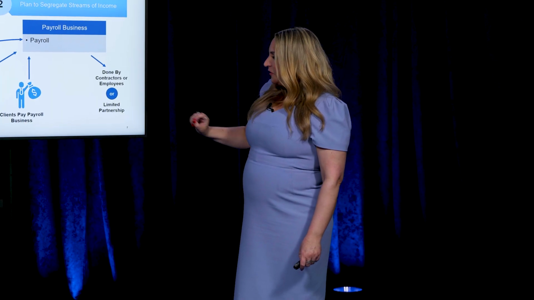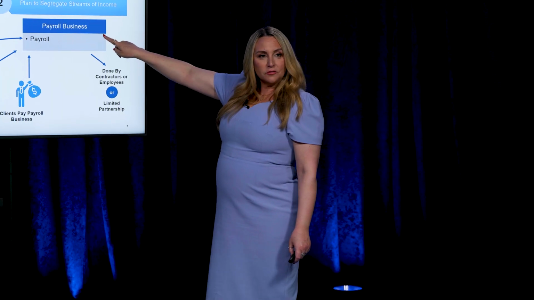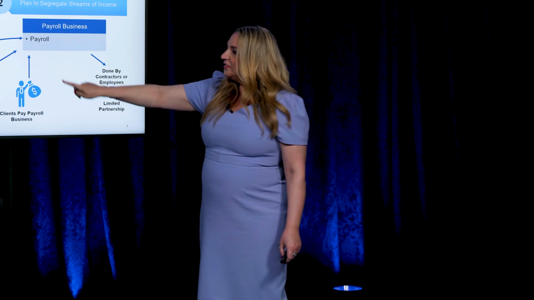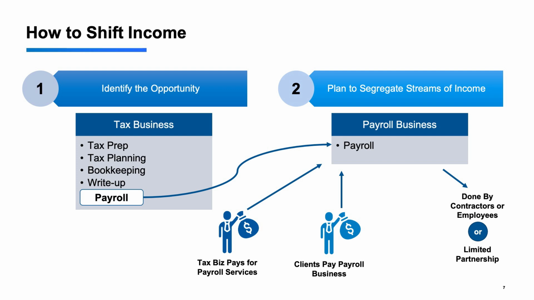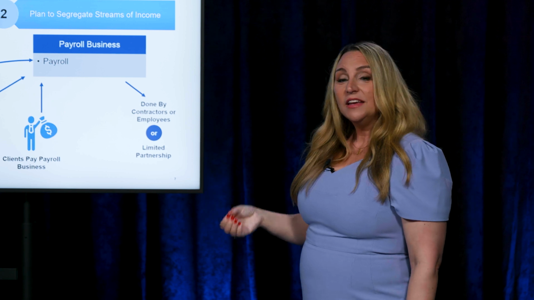We can have the customers pay the payroll business for this service instead of continuing to pay the original tax business. And effectively what we've done is we've shifted that income away, perhaps from a pass-through entity, so that it is removed from the 1040 altogether. And perhaps you set this up as a C corporation so that that income instead is reported on an 1120.